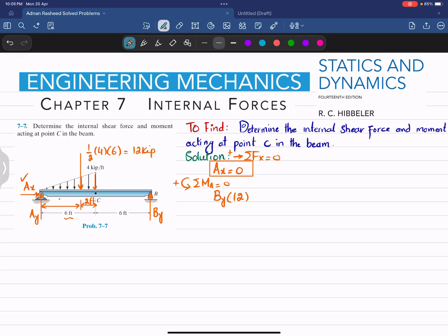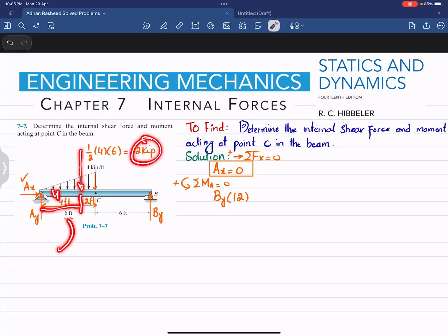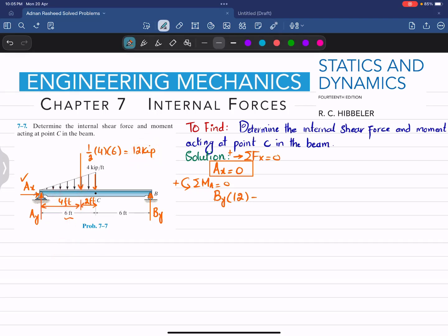So the moment produced due to this force will be 12 multiplied by the perpendicular distance, 4 feet, and this is producing clockwise moment, so it will be taken as negative. So minus 12 multiplied by 4 is equal to 0.